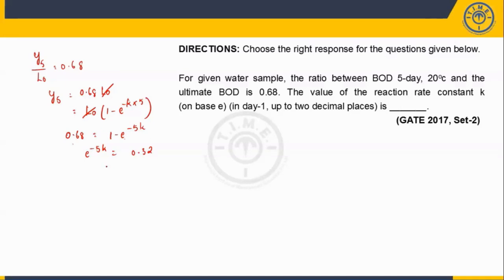From this, if I'm applying natural log, that gives you minus 5k is equal to ln 0.32. How much is ln 0.32? Sir, minus 1.139. So k equal to how much? Minus minus get cancelled. 1.139 by 5.